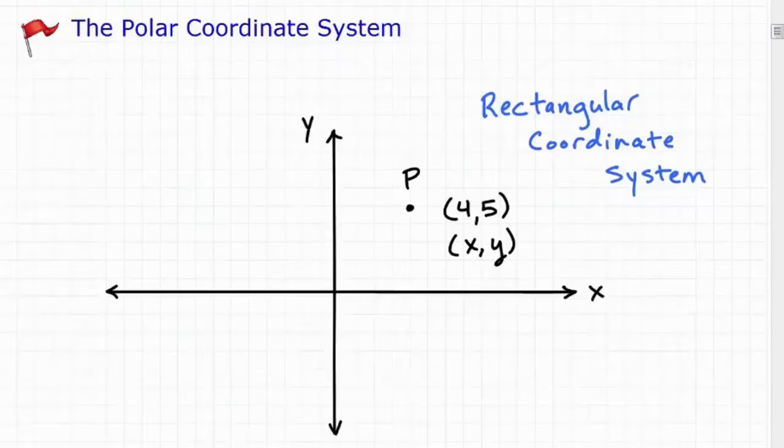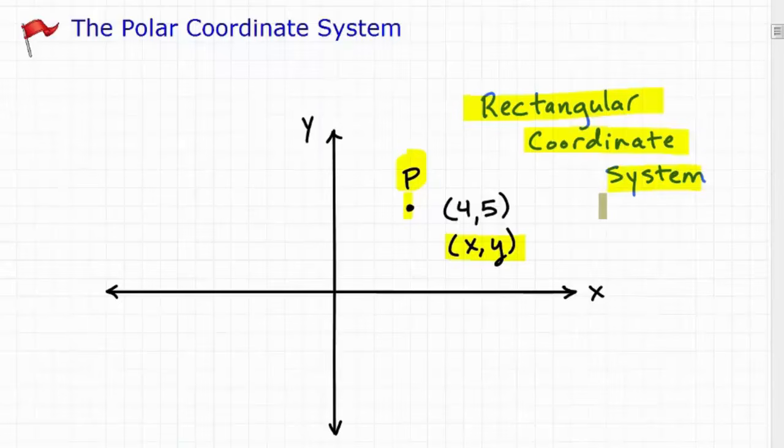So up to now, we've been using the good old dependable rectangular coordinate system. If we wanted to plot a point, let's say we have a point P here, and I wanted to know the location of that particular point, I can just use my x, y ordered pairs to get there. This point could be, for example, the ordered pair (4, 5). That's the rectangular coordinate system, and it works very well.